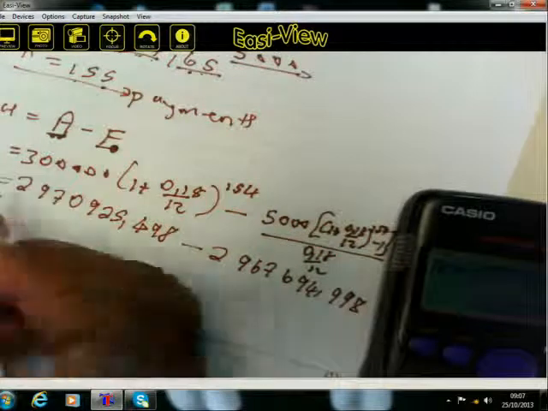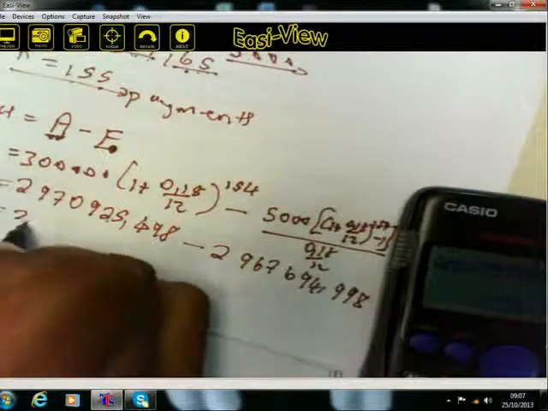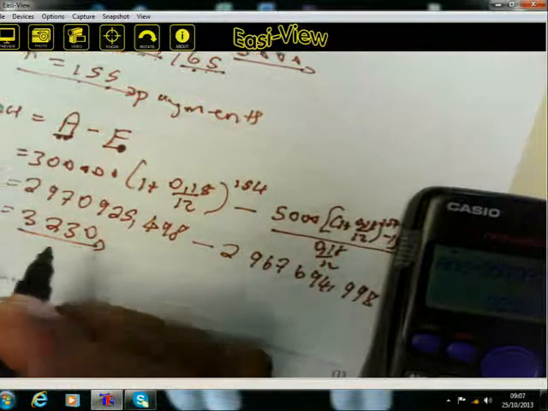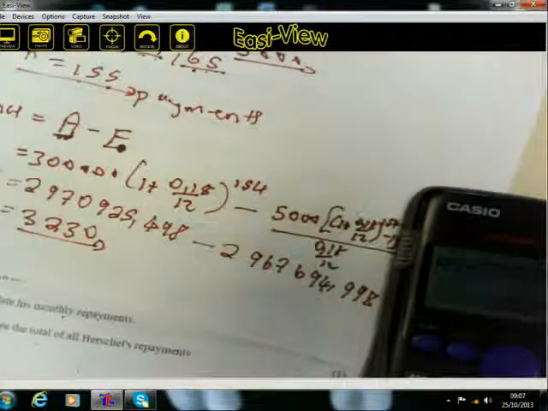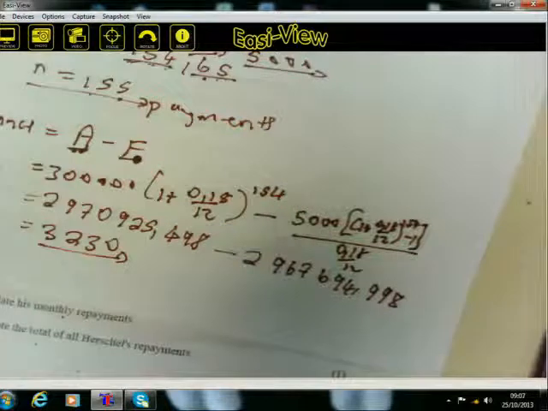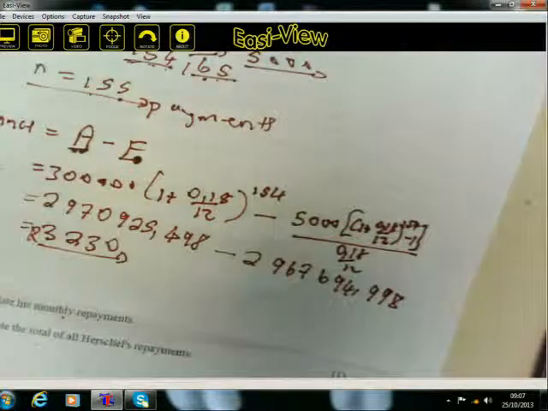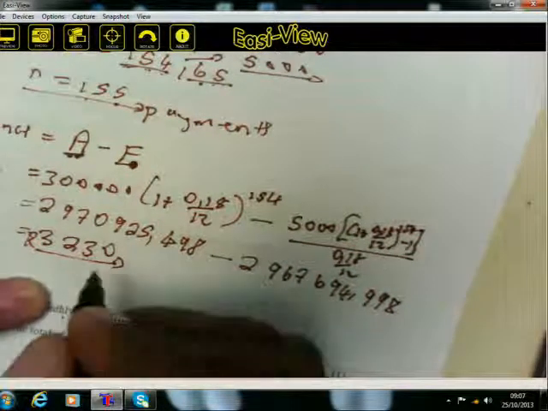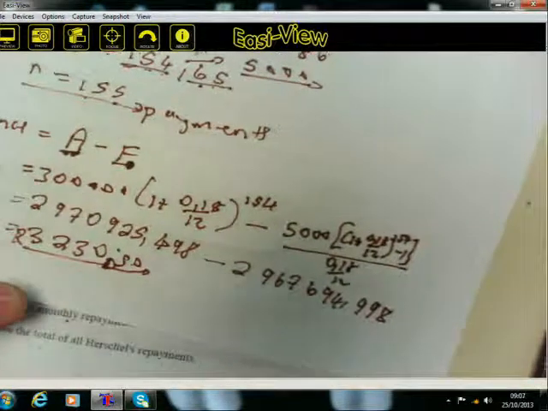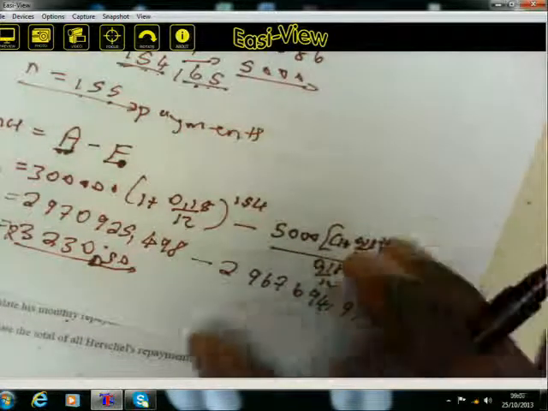And then we have now 3,230.50. It means now the balance after the 154 payments, the last 5,000 payment, will be 3,230 rand 50 cent. Right. This is the answer for 8.2.2.